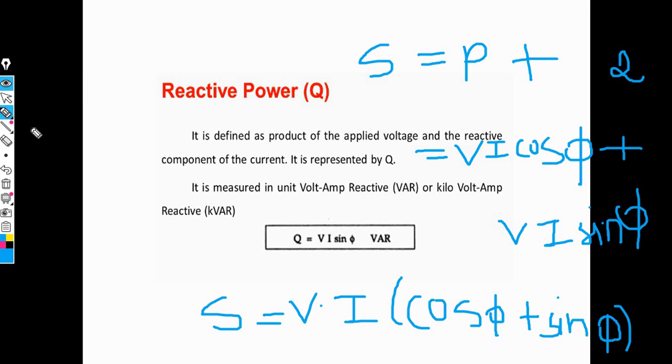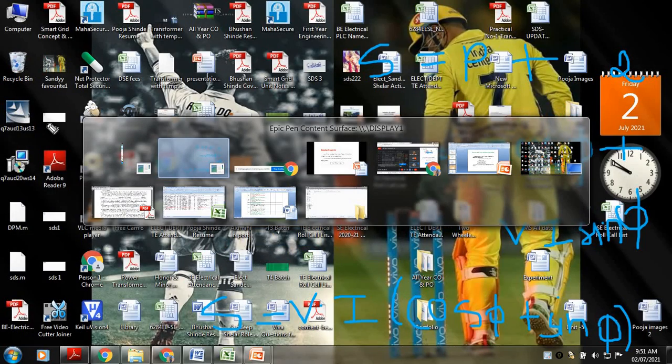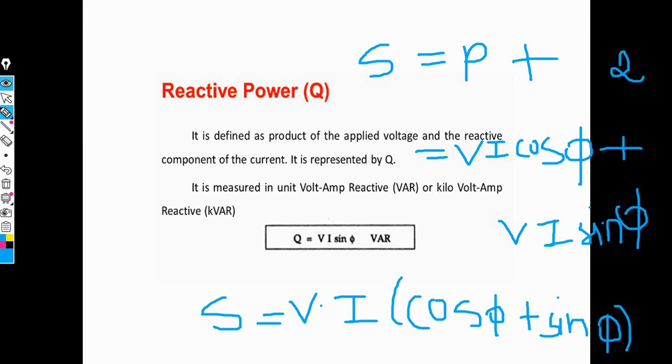Now this is the concept of apparent power, active power and reactive power. We need their definitions, their units, and also their formulas.